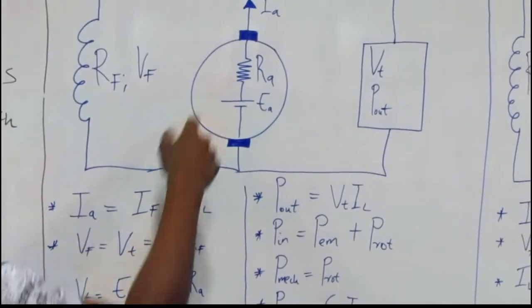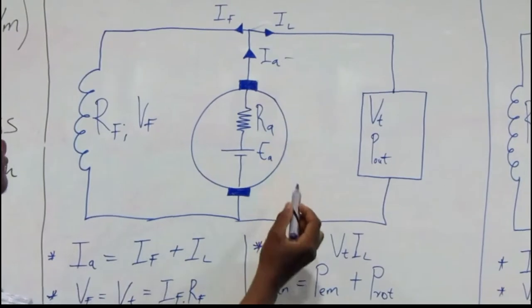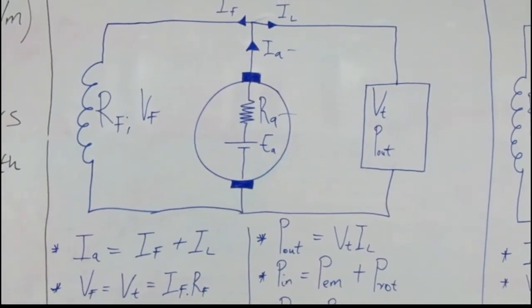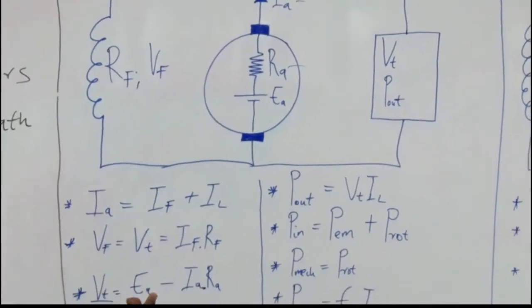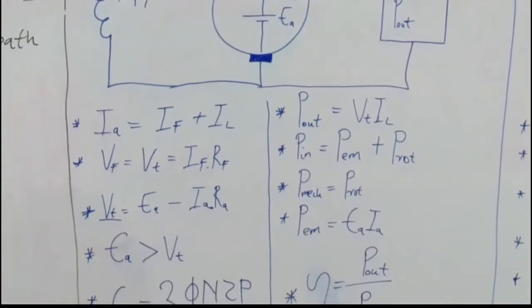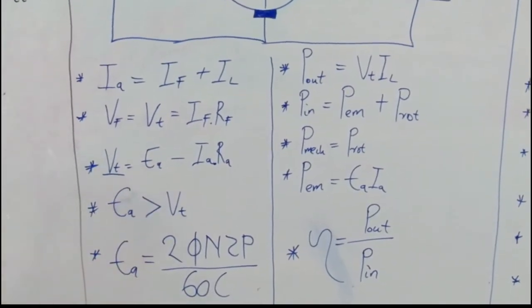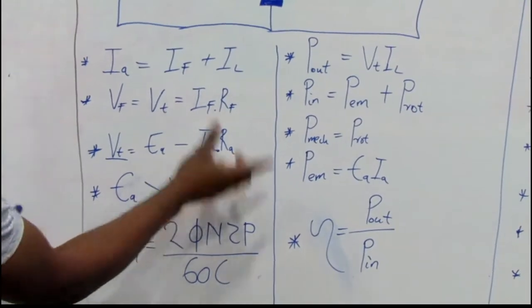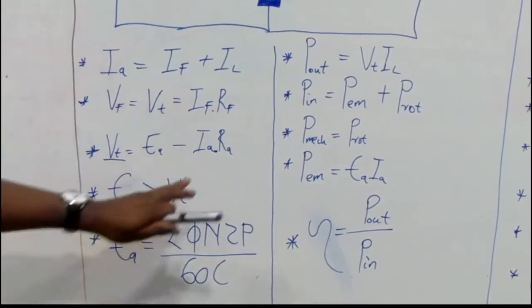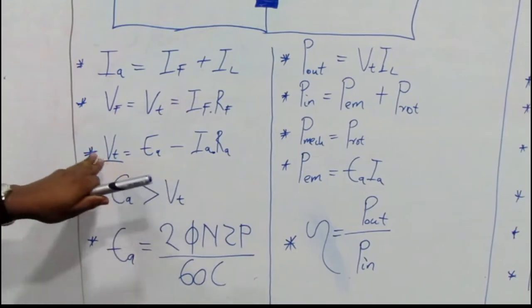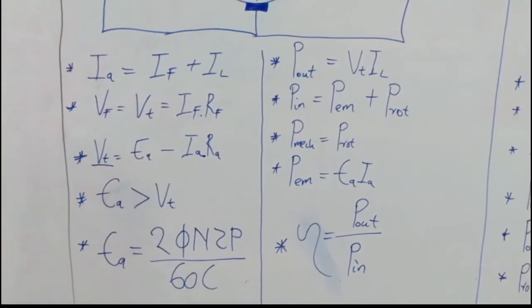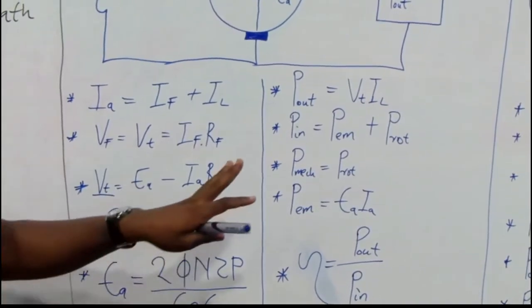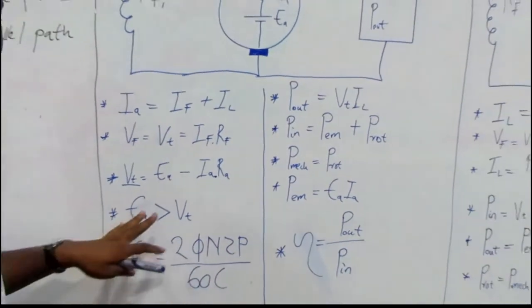This armature current and armature resistance multiply each other, then you get V terminal. If you need the induced EMF, you make EA the subject of the formula, which is going to be EA is equal to VT. Take this to the other side, it becomes positive, so it is going to be plus VT, then you get EA.